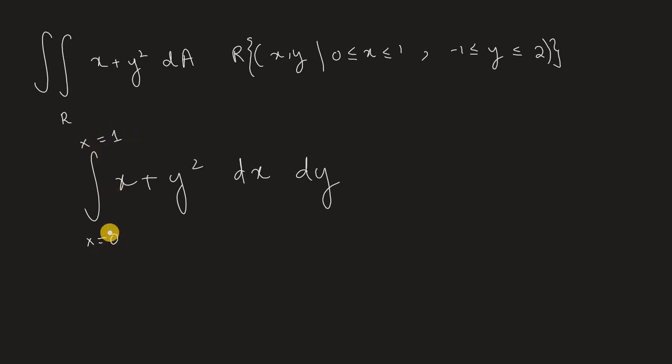Okay, it's important that you write x equals 0, x equals 1, but even if you don't write it, it's not a big deal, it's just so you don't forget. And then dy, because the y values belong to -1 and 2, so that's why you're gonna write it like this.